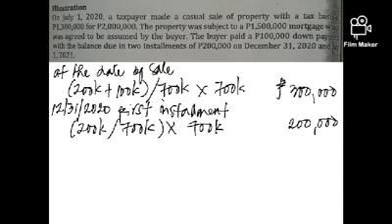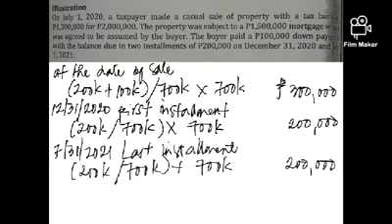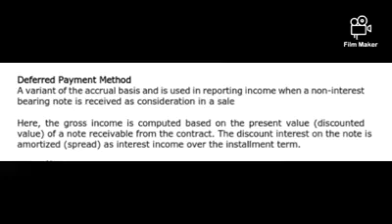And then on July 1, 2021, the last installment, the taxpayer shall recognize the gross income of 200,000 pesos. So that is 200,000 pesos installment divided by the contract price of 700,000 pesos and then times the 700,000 gross profit. And we will now proceed to the deferred payment method.